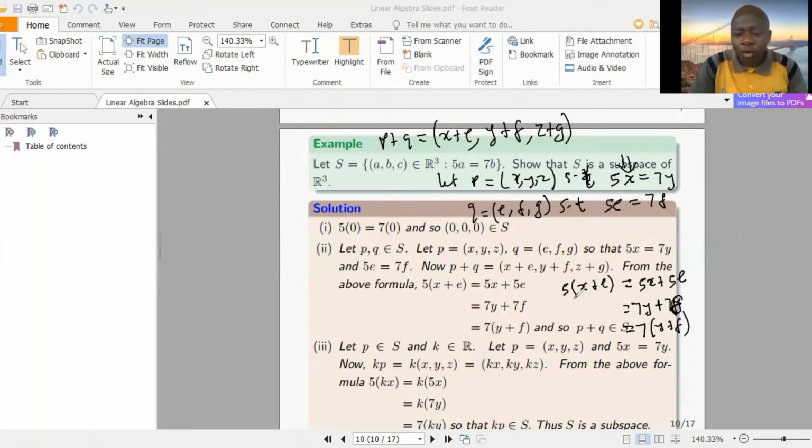So what have I shown? I've shown that 5 times the first element is 7 times the second element. That is what I wanted to show.